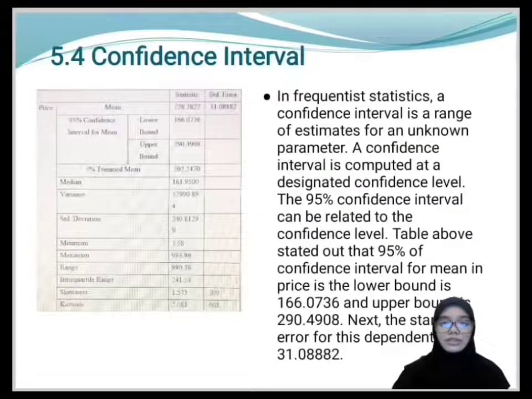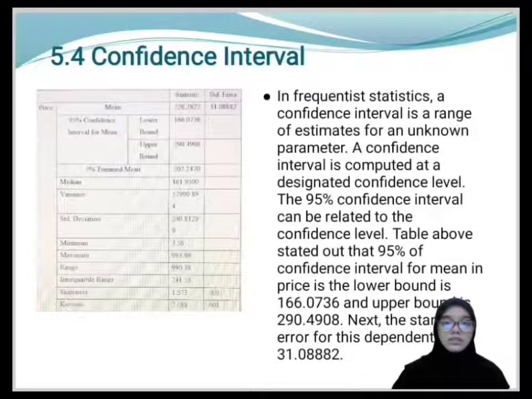5.4 Confidence Interval. In frequentist statistics, a confidence interval is a range of estimates for an unknown parameter. A confidence interval is computed at a designated confidence level. The 95% confidence interval can be related to the confidence level.